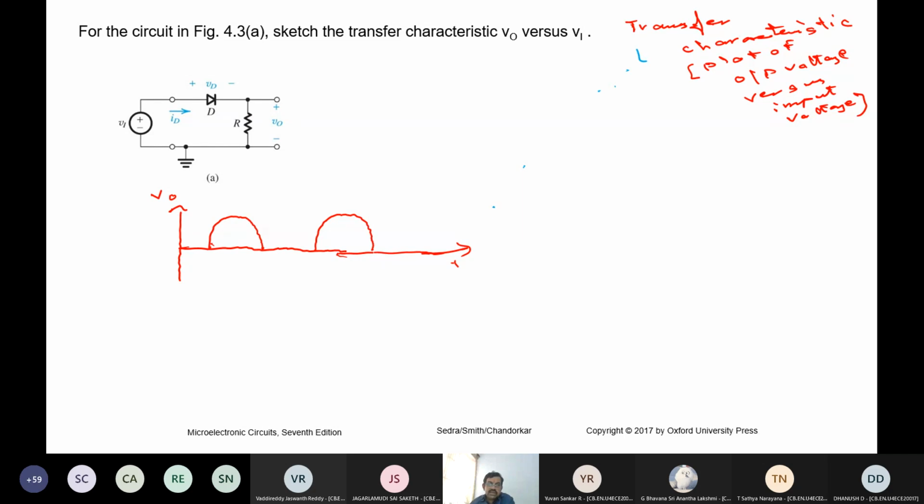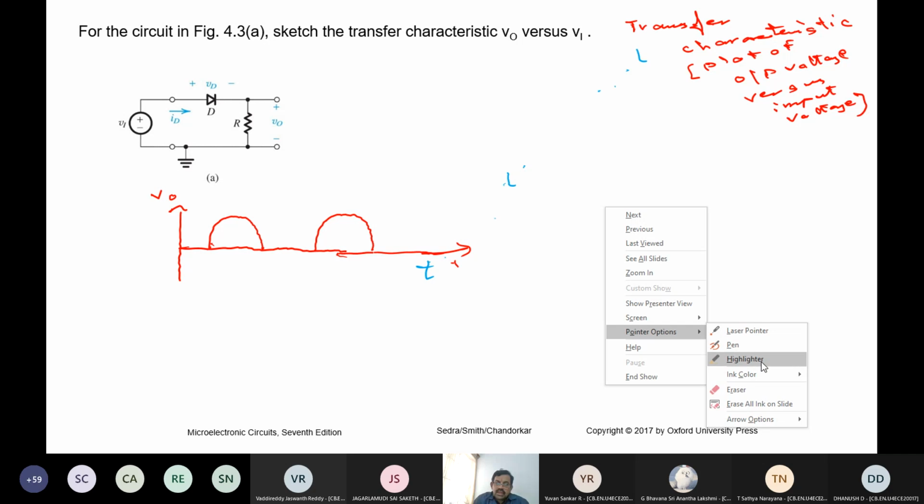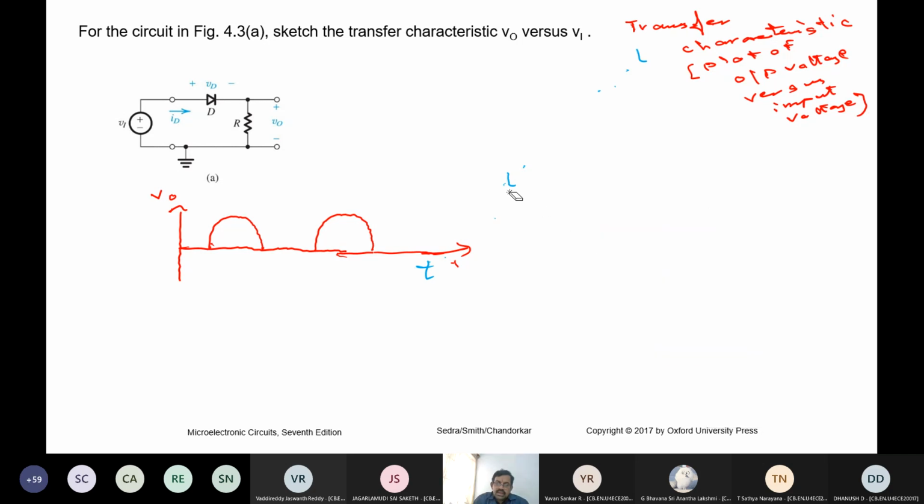Okay, my thing is there. This is with the time. Okay, so I'm going to overlay the input here.